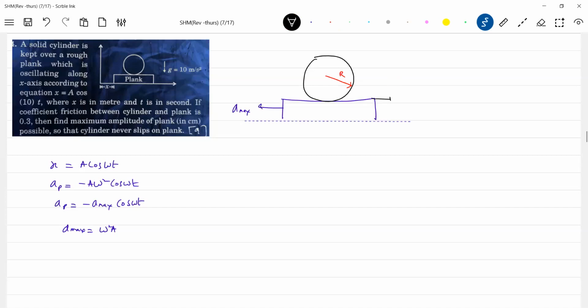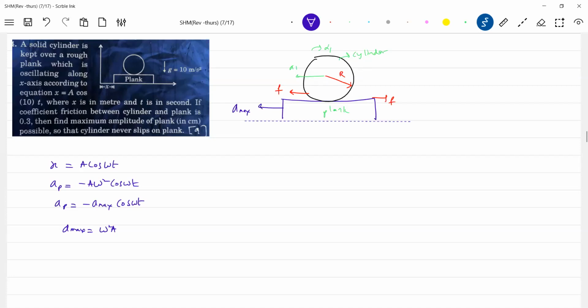So how will the friction act on this one? Towards the right. This is a solid cylinder. This is a cylinder. This is a plank. Let's get into the calculation part.